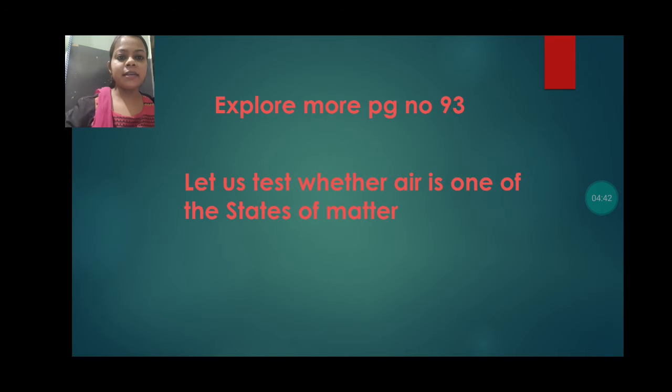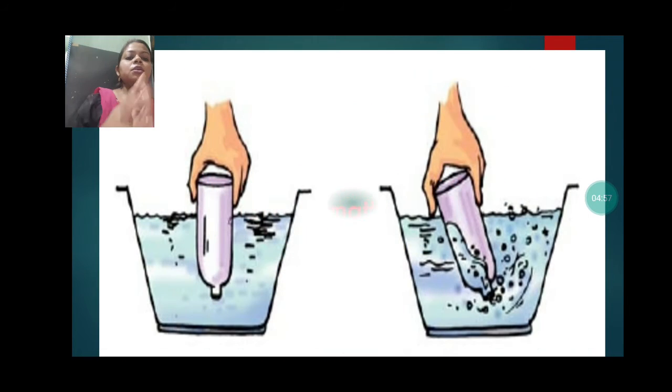Next we are going to discuss the property of the gases. Let us test whether air is one of the states of matter or not. First of all, what is matter? Matter is anything which has mass and occupies space. That is known as matter.